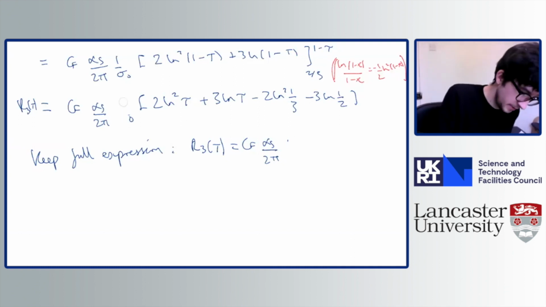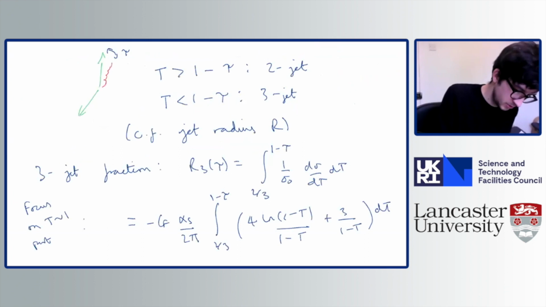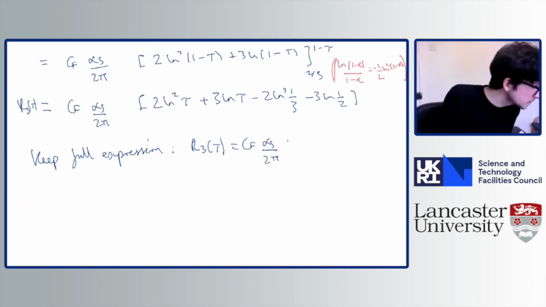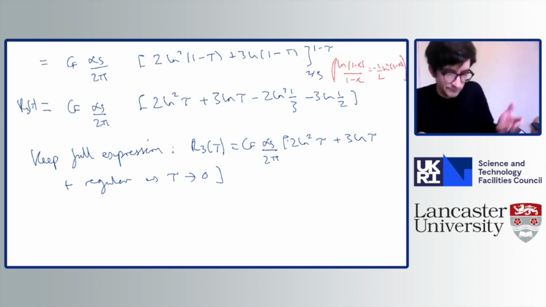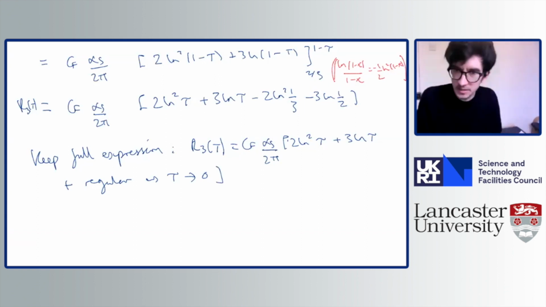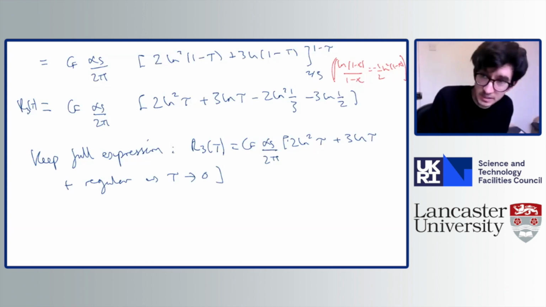It would be of exactly the same type, with the same logarithms, plus some stuff which is regular as tau goes to 0. So one could do it, but the point is that those logarithms in tau are there in the full expression as well, because they come precisely from the upper limit of the t integral.